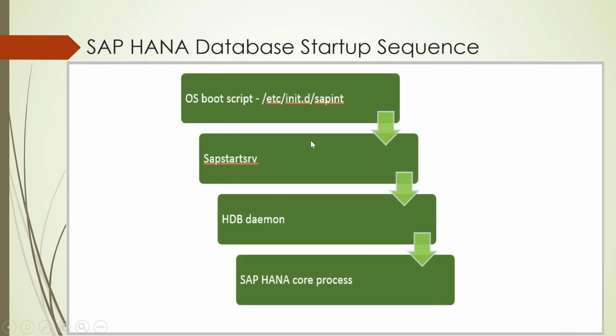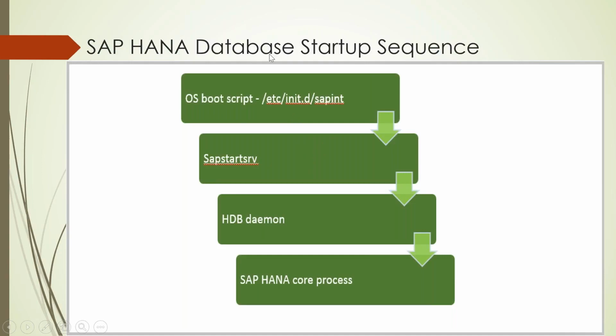This is encoded into the sapinit, and that's the reason it starts automatically when you start the operating system. So what is the use of this? This is the main service which starts and stops any SAP system, including HANA. Whenever you execute startsap, stopsap, or the sapcontrol program for starting and stopping, the signal goes to sapstartsrv, which receives the signal and then starts and stops the SAP system.